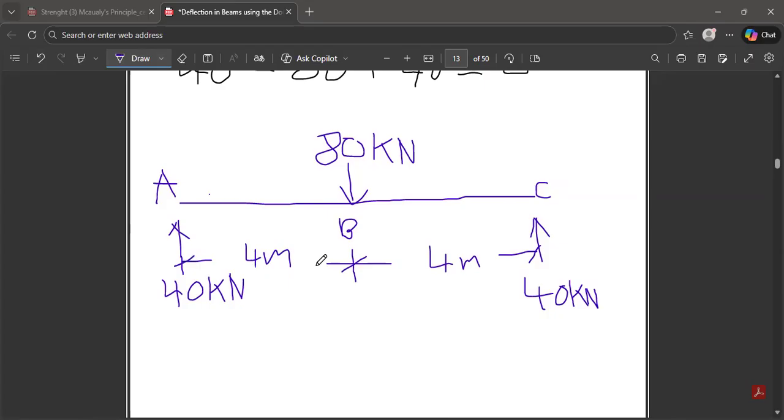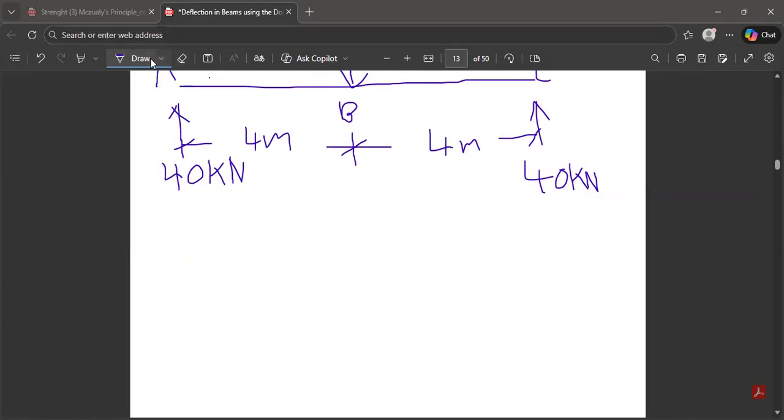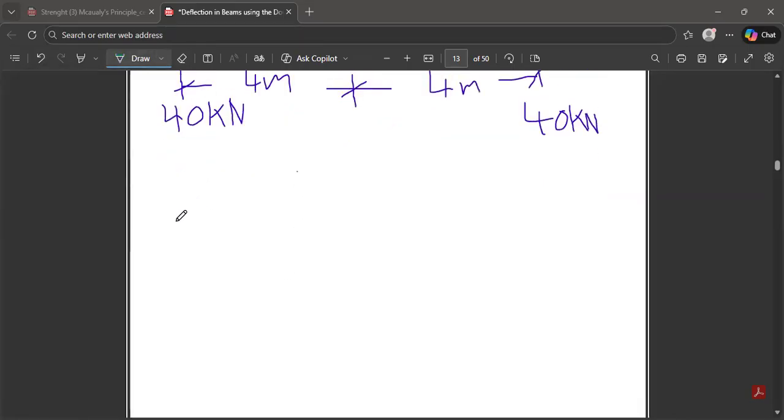All right. So now we can establish our bending moment equation. So see me writing over here. We are now coming to establish our bending moment equation.